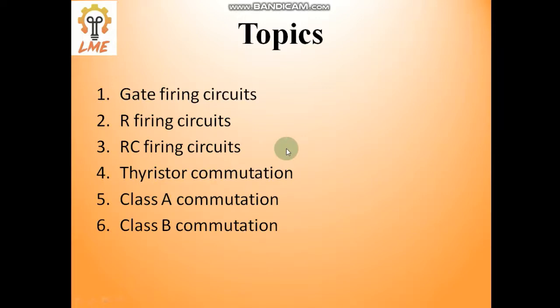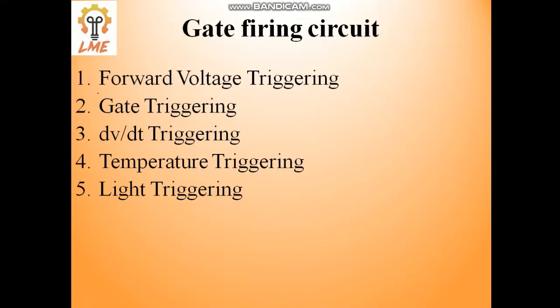Okay, so let's go for the gate firing circuit. Actually, for triggering an SCR, there are five processes that were already discussed in the previous video lecture. What were those? First one is forward voltage triggering, second is gate triggering, third is dV by dt triggering, fourth is temperature triggering, and fifth is light triggering.